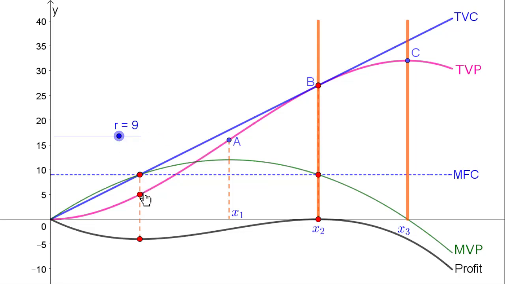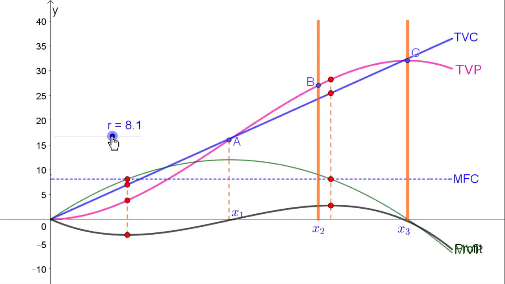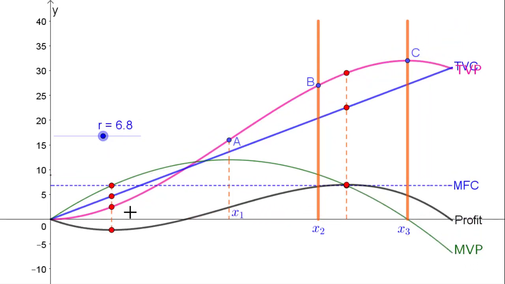You might wonder, there's another point in this region that also satisfies the condition that the first derivative of the profit is equal to 0. But this is actually the minimum profit point, so we're not interested in this point.